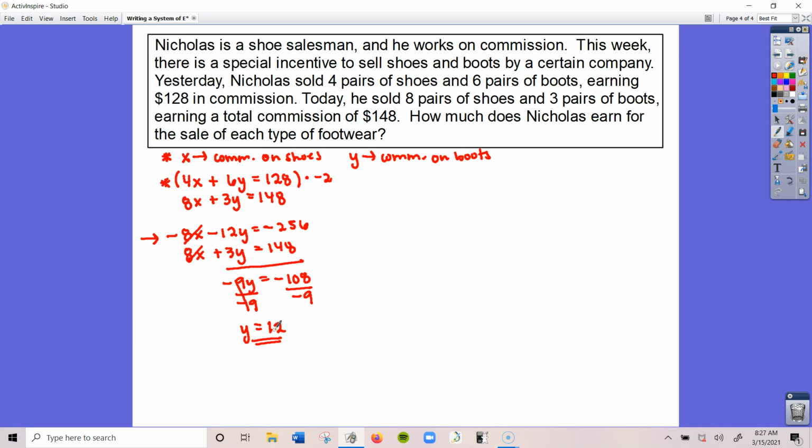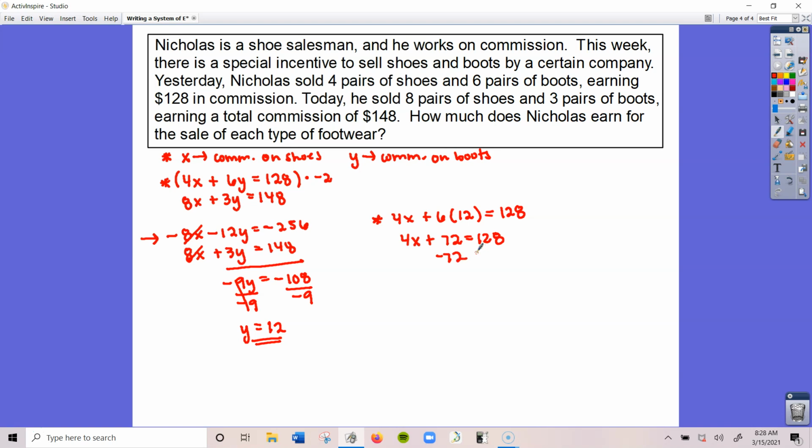Now that we have y, we can plug it into either of the original equations to solve for x. So let's say I choose to plug it into the top equation. So 4x plus 6 times y, which is 12, is going to equal 128. 4x plus 6 times 12 is 72, is equal to 128.